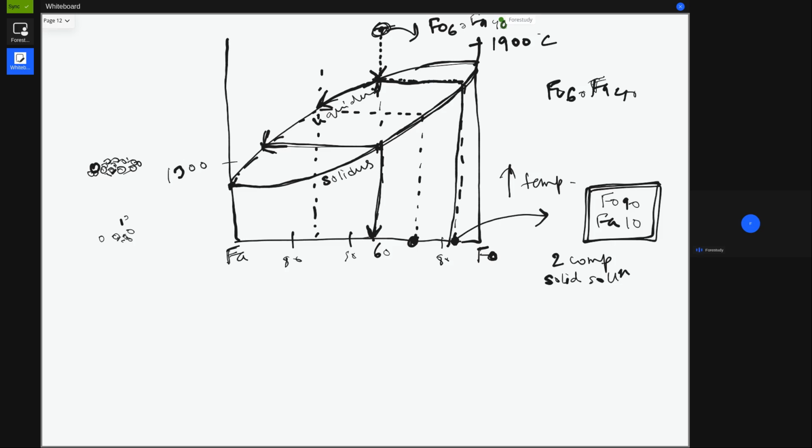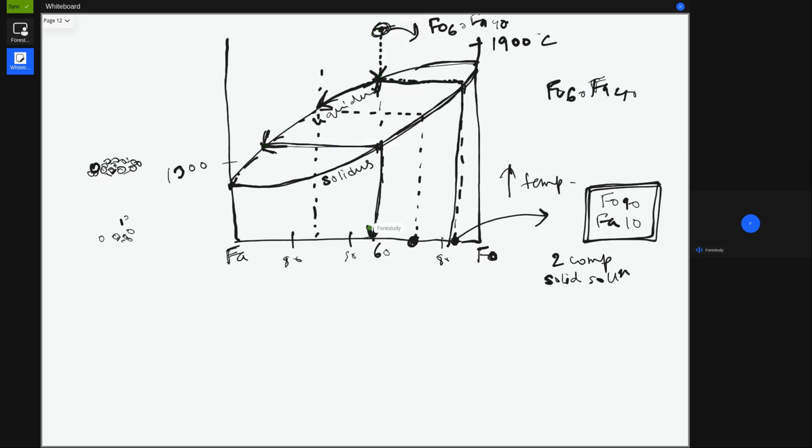We extrapolate it to the same position of the melt, then put it downward, and this is the final mineral to crystallize from the melt. Remember, the final crystal that crystallizes from the melt will have the same composition as the initial composition of the melt. This ends the whole journey of the melt.